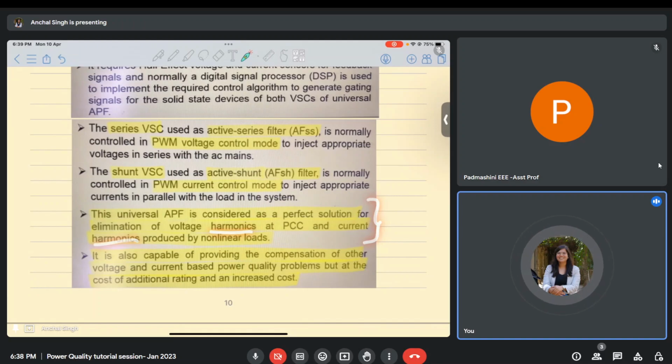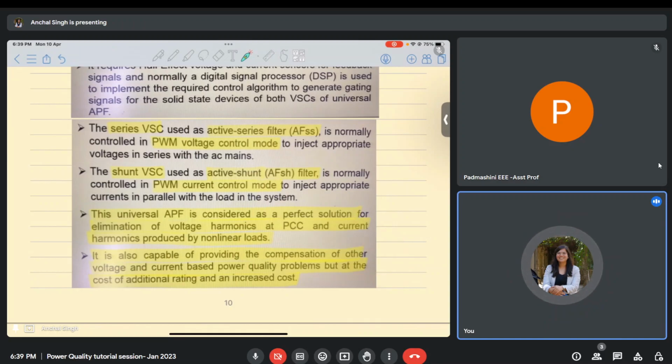These are just two current and voltage related power quality problems. If you want to take care of more, like reactive power compensation, voltage fluctuations or voltage notching, all these things can be taken care of by this particular hybrid filter. The only change that will occur is that the rating will increase.